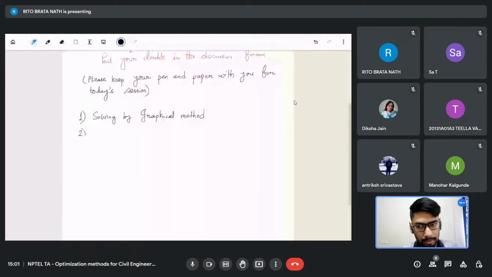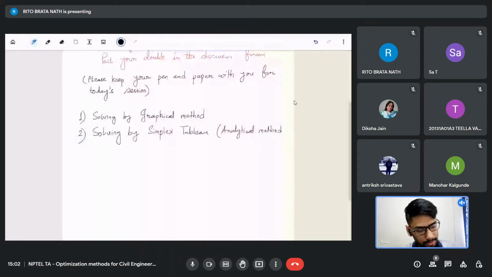Next one is solving by simplex, which is an analytical method. And the third one that you have learned is solving by Excel solver.